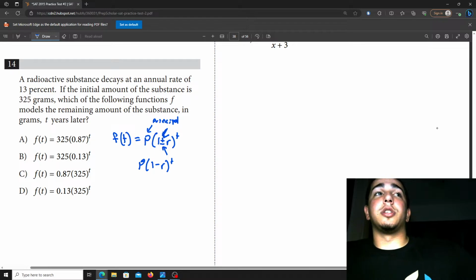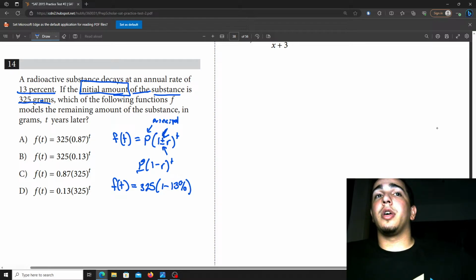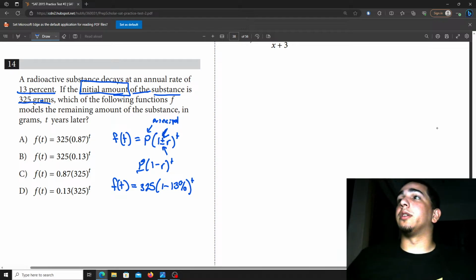The rate that they give us is 13%. And then the initial amount of the substance is 325 grams. So we're going to get f of t equals the principal amount, which is our initial amount of 325 grams, 325, times 1 minus our rate of 13%, all raised to the power of t.